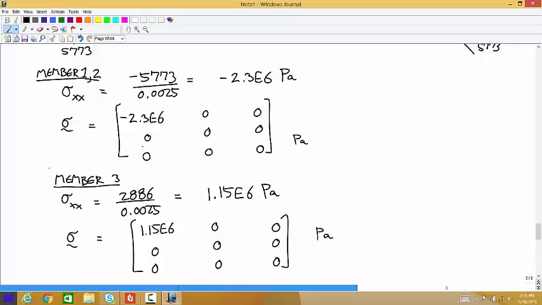Y or Z. Yeah, either y or z would give you a stress tensor with maximum shear. And what would that value be for the maximum shear for 1 and 2? Half the value of half of the. Yep, half of this, and this one would be half of this one.